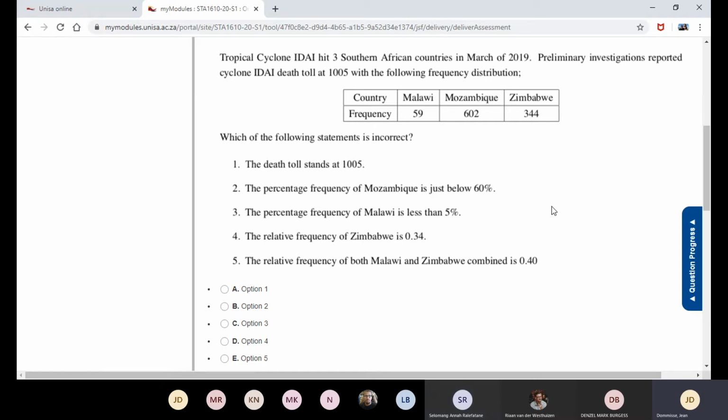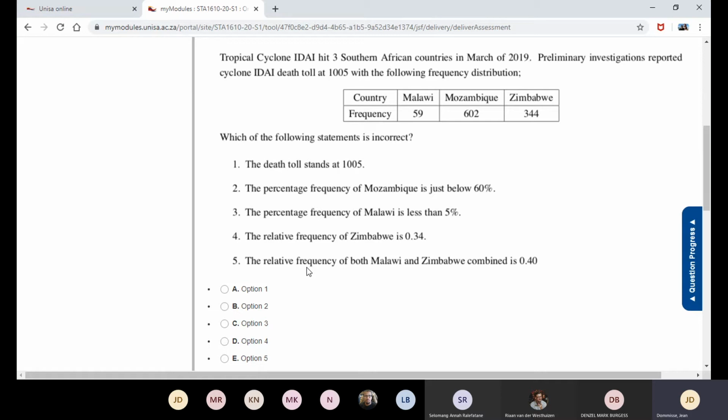This is a very interesting question, because if you combine that, it is close to 0.4.